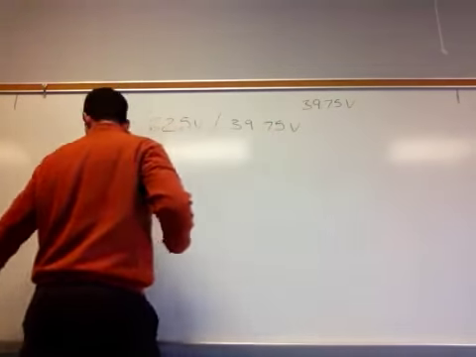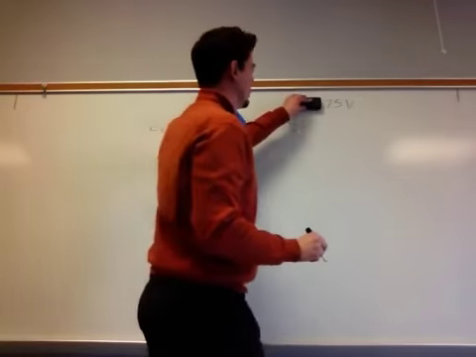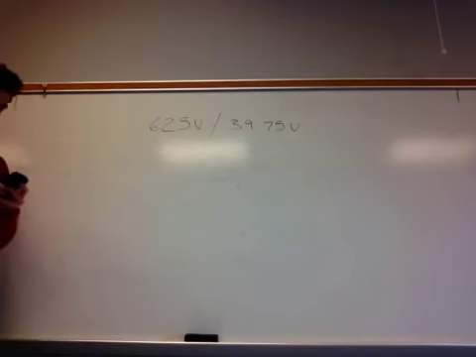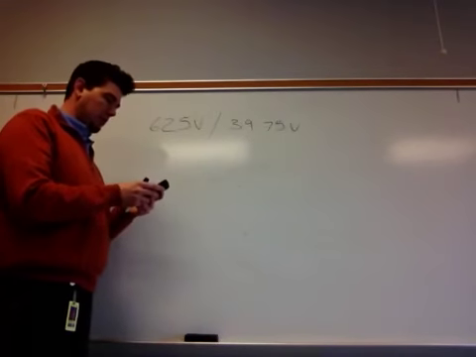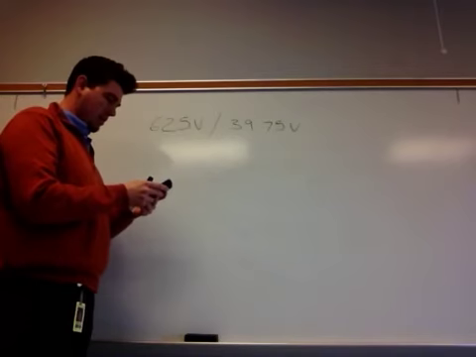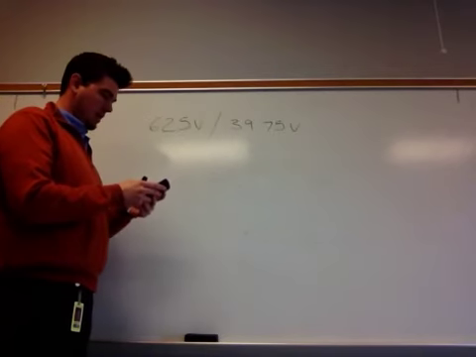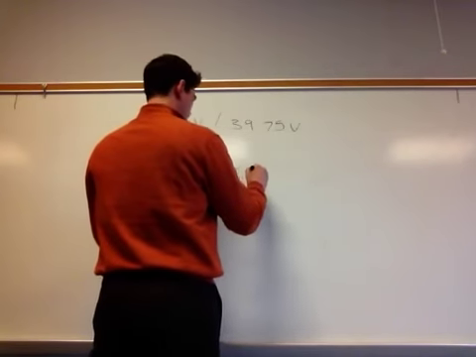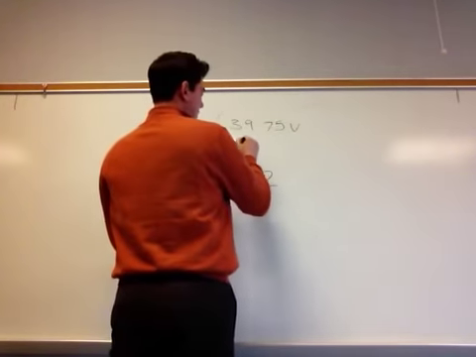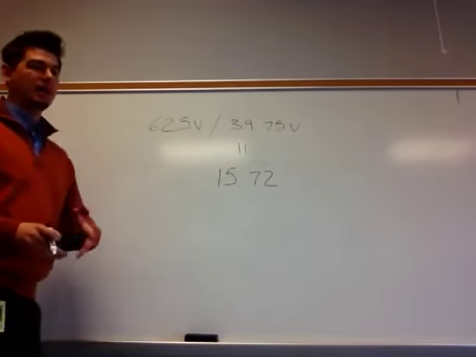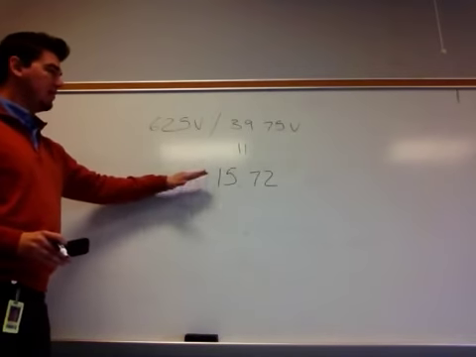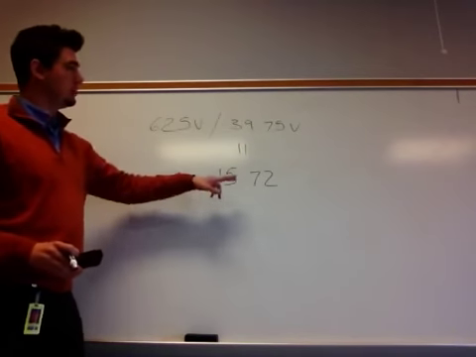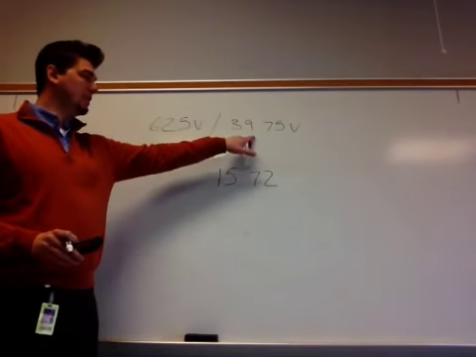Let's take 625 divided by 39.75, which equals 15.72. So I have to have 15.72 modules working at this temperature, because they're only producing 39.75 volts.